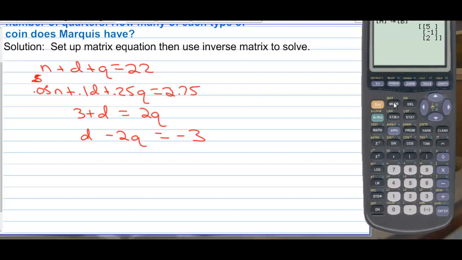Quit out of there, and we already have A inverse times B, so we have 7, 9, and 6. 7 nickels, 9 dimes, and we have 6 quarters.